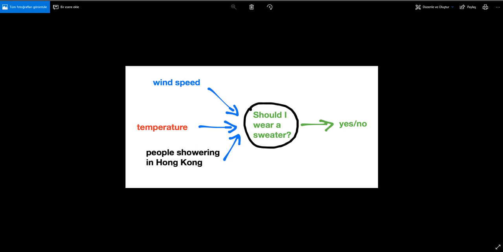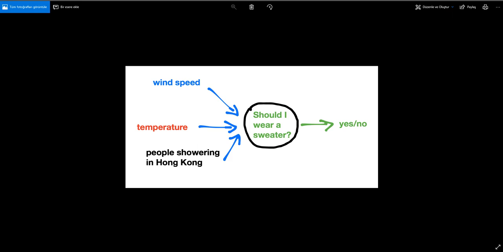Should I wear a sweater? Yes or no? They are inputs, math happens here, and the output results. They have some weights because you will need weights for the math.